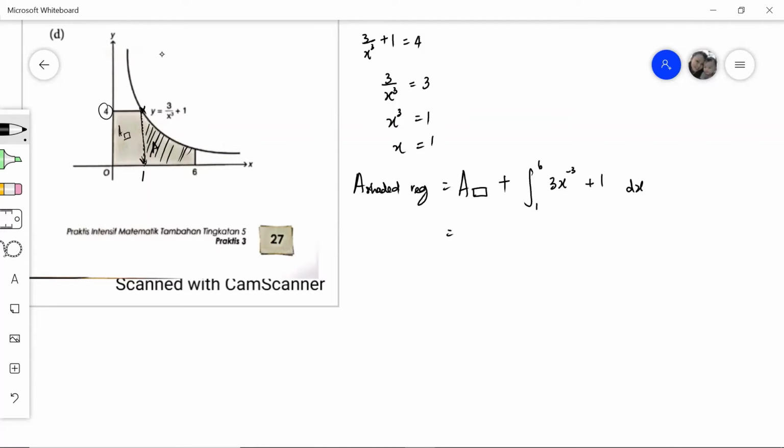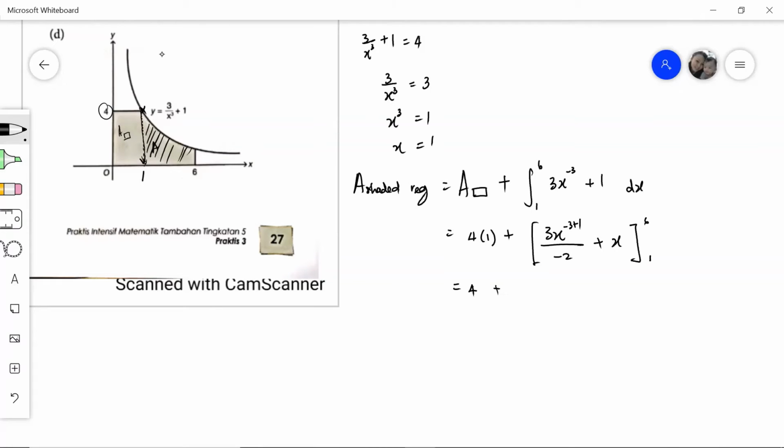So the area of the rectangle will be the length times the width. The length is 4, the width is 1. And then let's integrate this part. We add 1 to the power and then divide by the new power, and then plus x from 1 to 6. So over here we got 4.